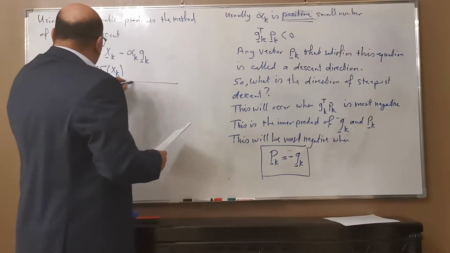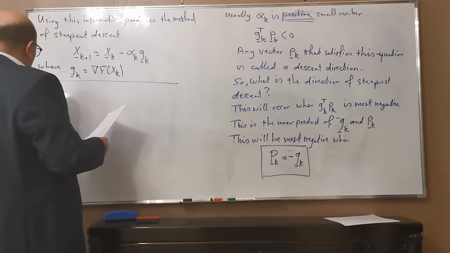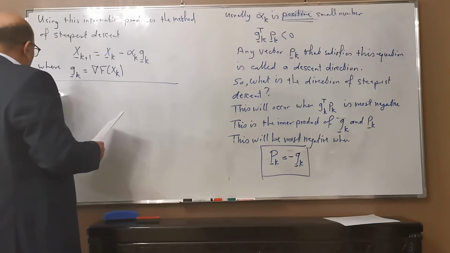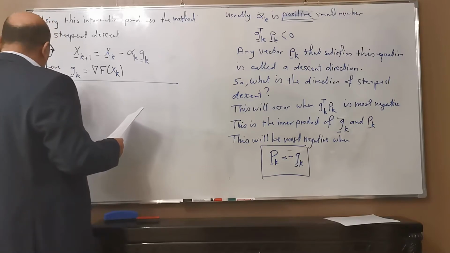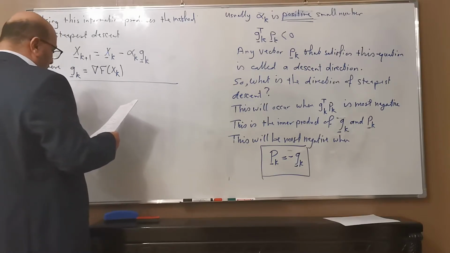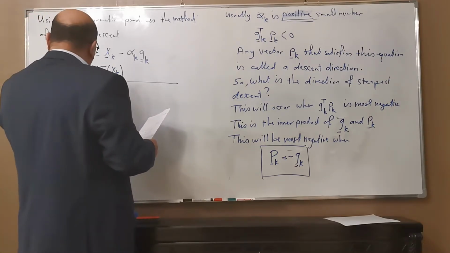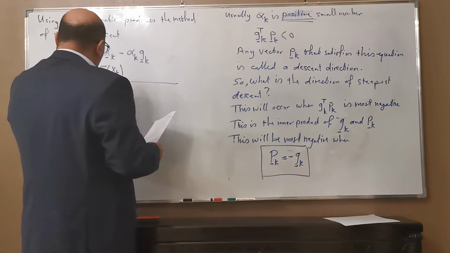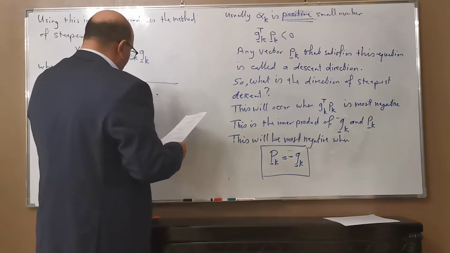One important point here is how to choose the learning rate, alpha sub k.